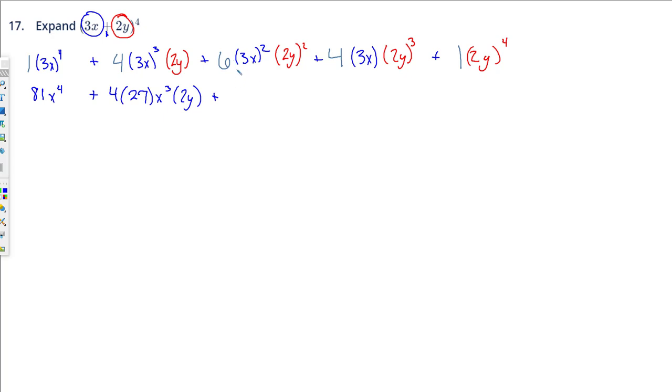Sorry, I got ahead of myself on the steps. 6 times 9x squared times 4y squared. 12x times 8y cubed. And 16y to the fourth.